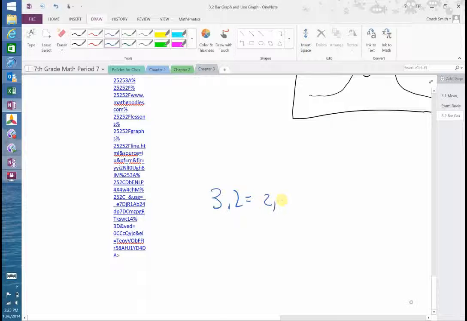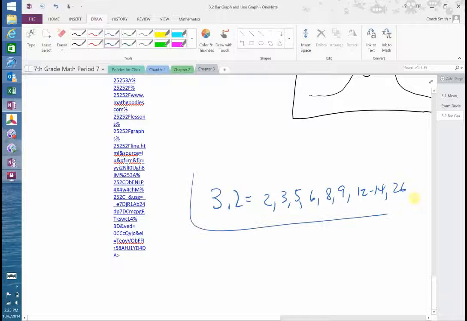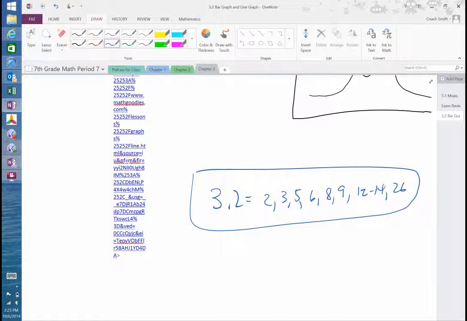You're going to go number 2, number 3, number 5, 6, 8, 9, 12 through 14, and 26. Okay? Number 2, number 3, number 5, number 6, number 8, number 9, 12 through 14, and 26.